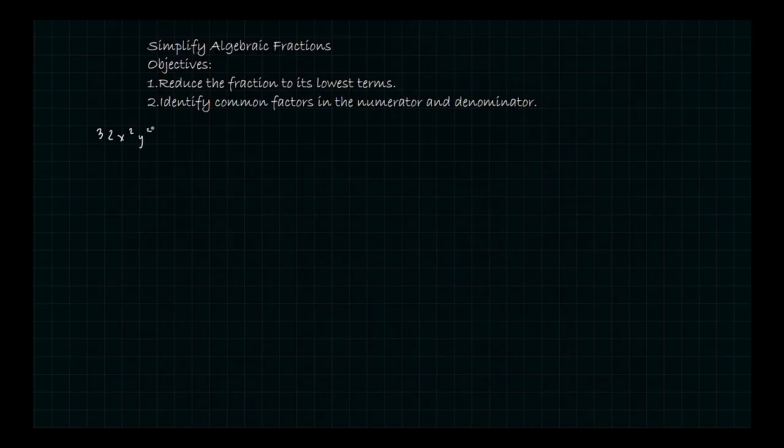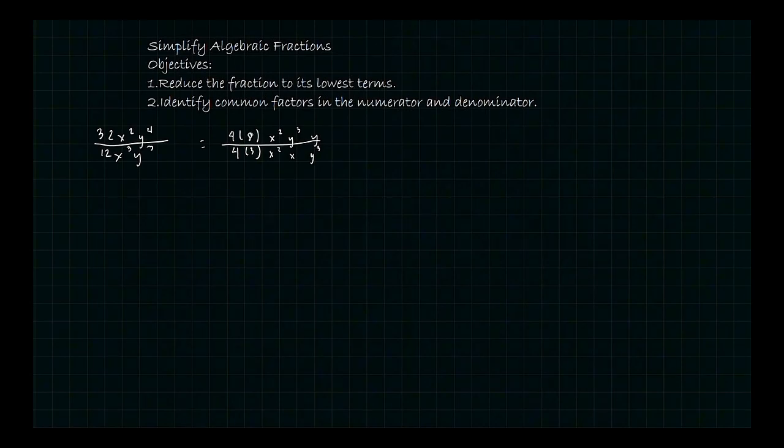32x squared y raised to the power of 4 over 12x cubed y cubed. Start by factoring 32, and we have 4 times 8. And the 12, we have 4 times 3. Now copy x squared, then expand x cubed as x squared times x.